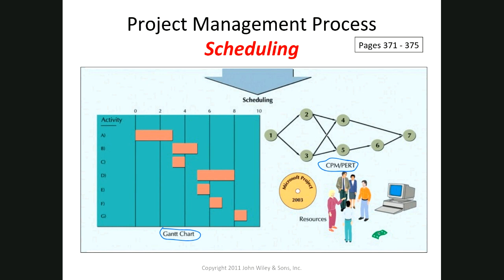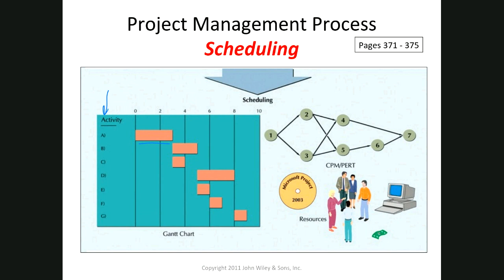projects and project management. Both the Gantt chart and the critical path method lay out the activities that need to be accomplished, how long those activities take, and then the sequence of those activities.